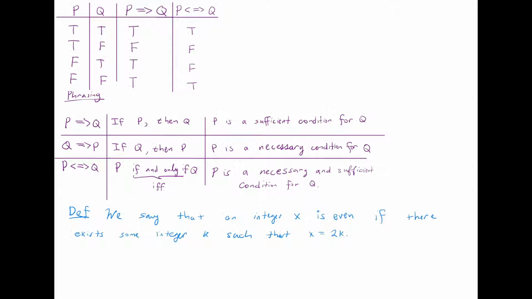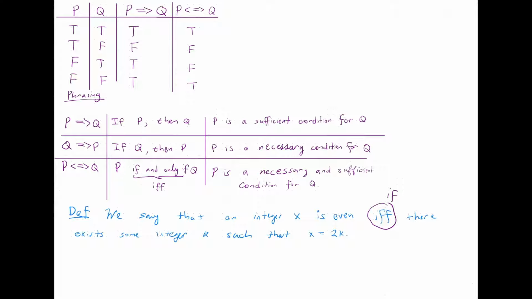But now, in this definition, this if, as in every definition in mathematics, it really is an if and only if. We just go ahead and omit the if and only if and just write if.